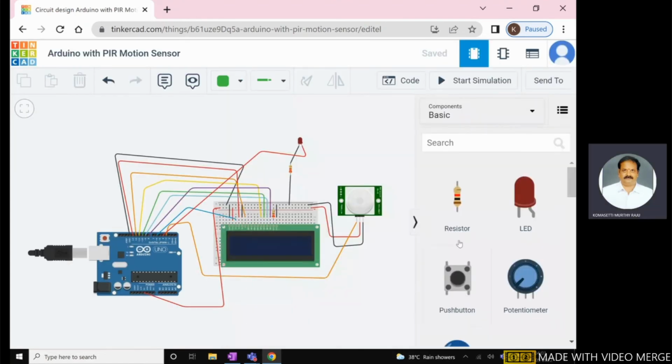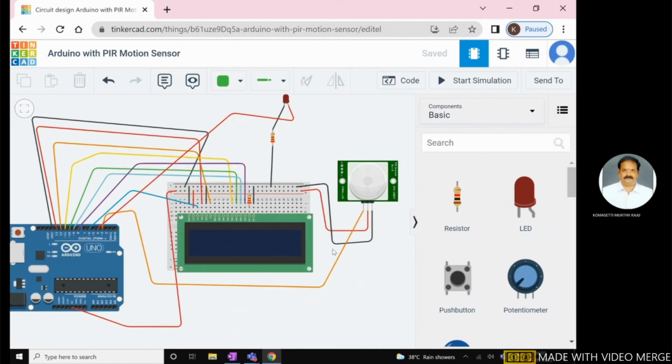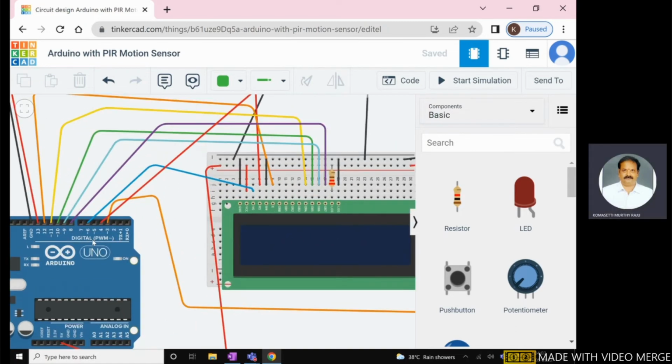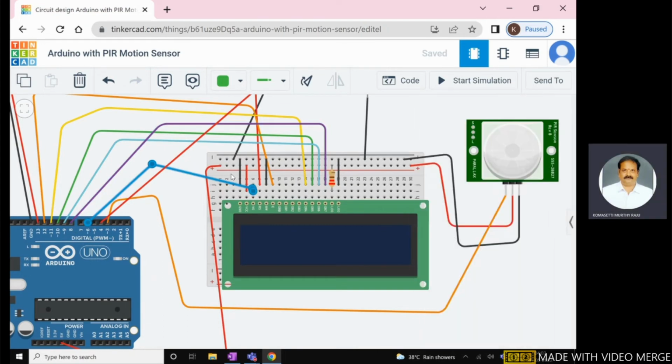Demonstration by using this one. This one is the ground pin, power pin, and the contrast pin. This is the contrast pin. The contrast pin is connected to the 6th pin of that Arduino board. Next, the power pin.